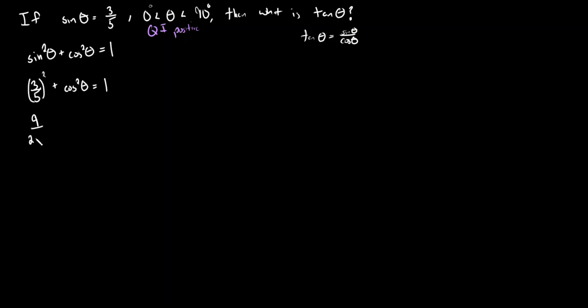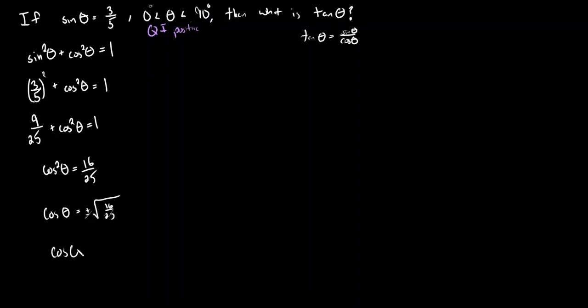Well, that's going to become 9 over 25 plus cosine squared is equal to 1. Subtract 9 over 25 from each side. I'm going to get cosine squared is equal to 16 over 25. And this is where I take the square root of each side. And remember, this is where this information comes into play. I've got to think about if it's the positive or the negative. Well, in quadrant 1, cosine is positive, so it's the positive.